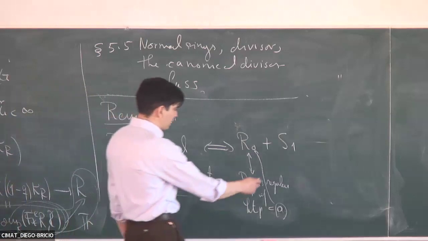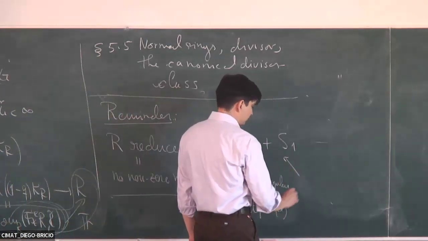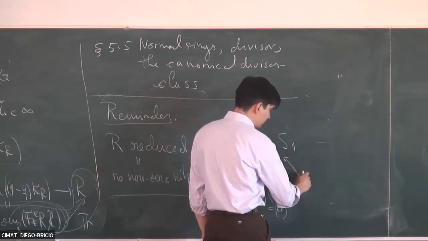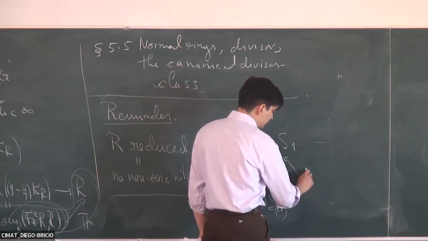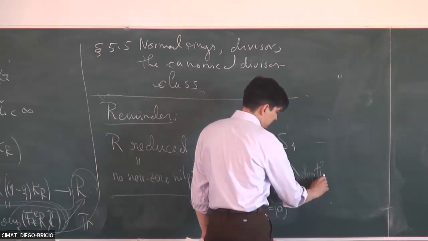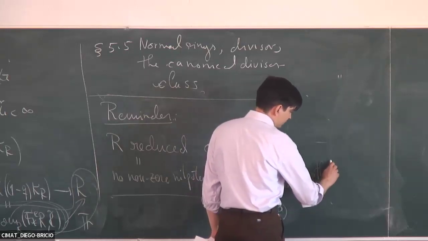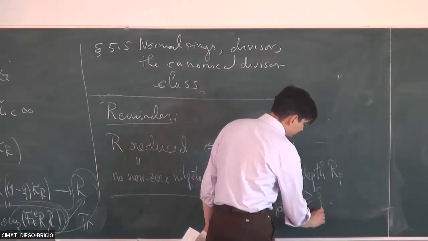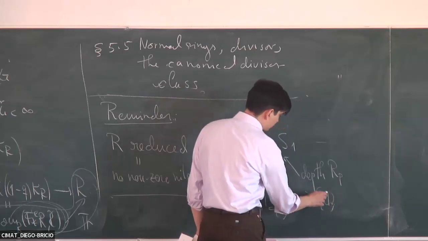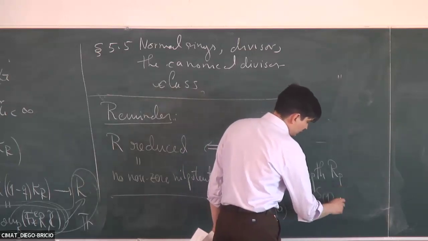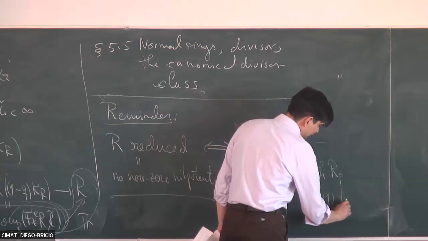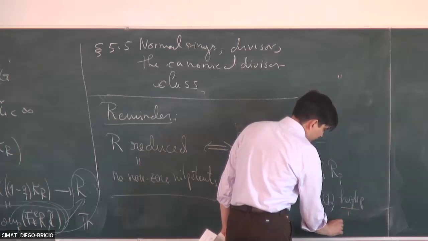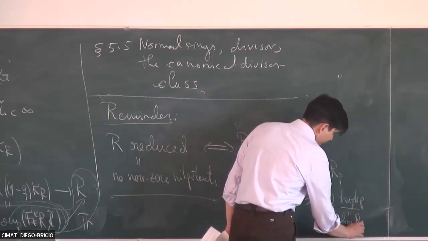And S1 tells you that, technically speaking, I should write that the depth of R localized at P is at least 1 whenever the height of P, which you know is the dimension of R_P, is at least 1.